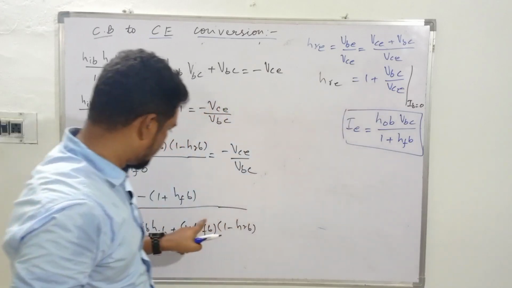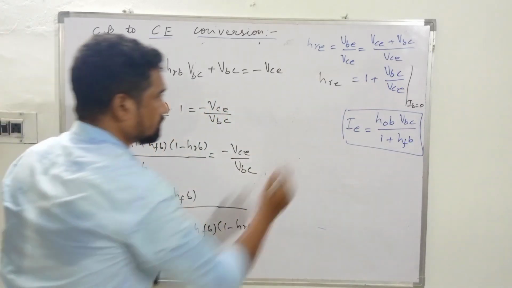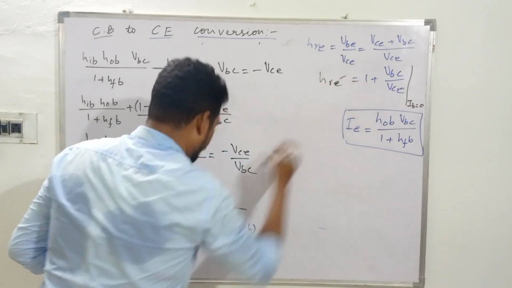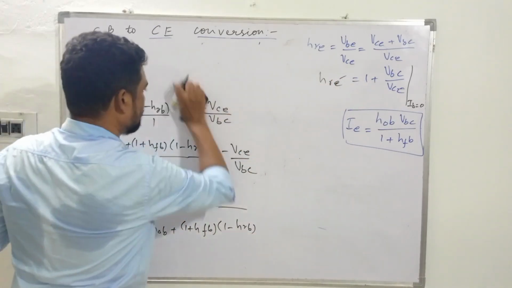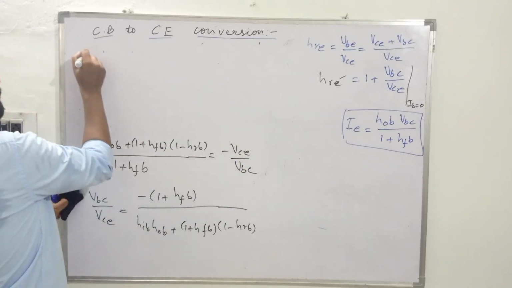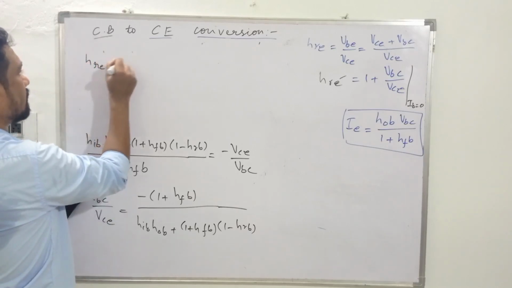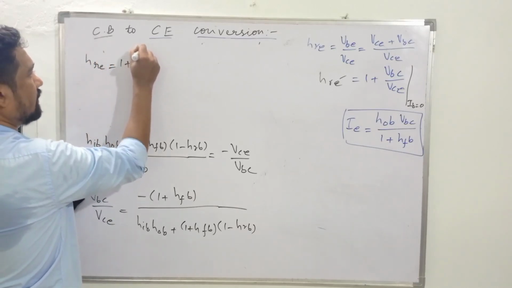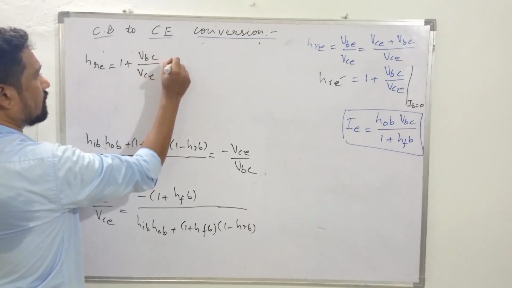1 plus this will give us HRE, and that too in terms of emitter, in terms of base. All right, so that's what we are in search of. So how is that done? HRE will be equal to 1 plus VBC by VCE, which is equal to 1.